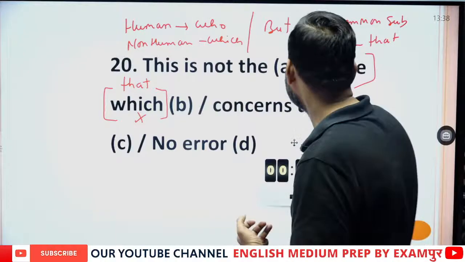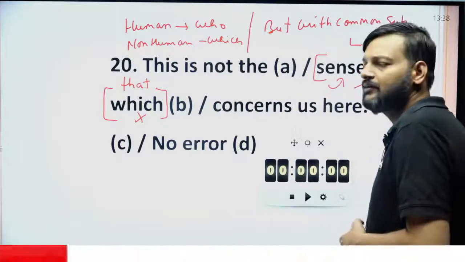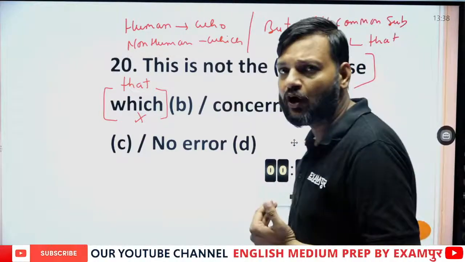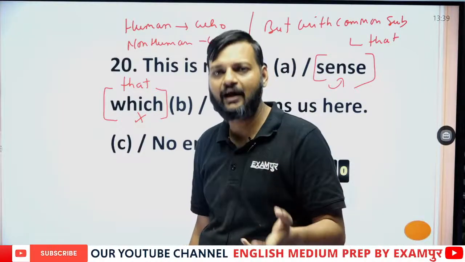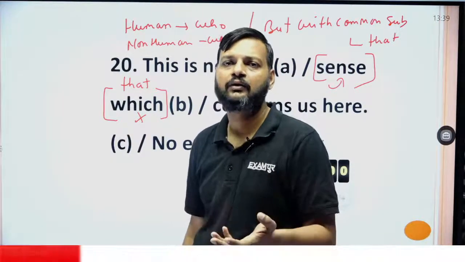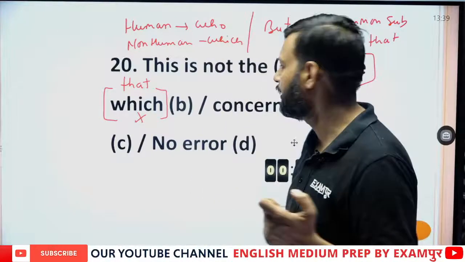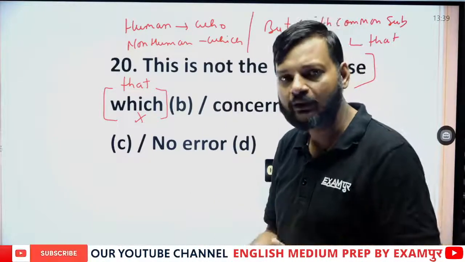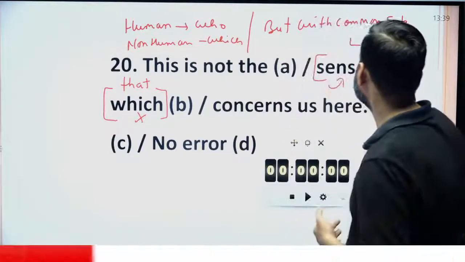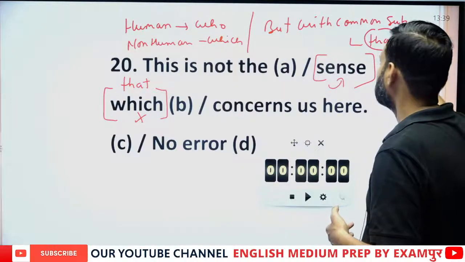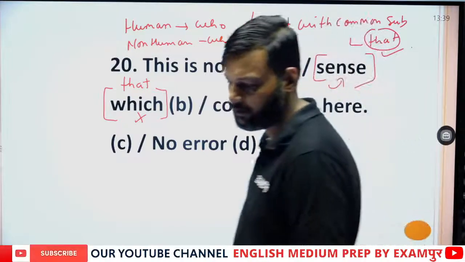The word sense does not define the subject as human or non-human, because sense is there with humans and animals also. So here we cannot use the word which, in place of which we use that.